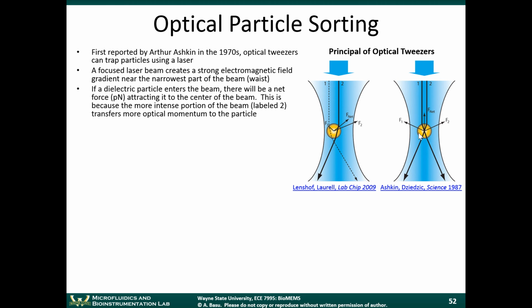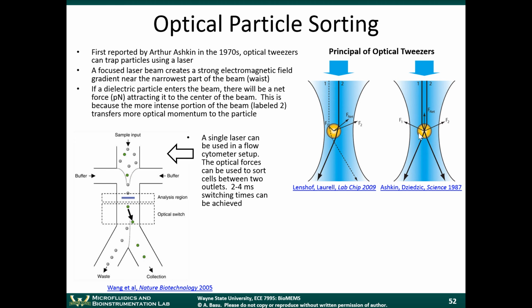Like I said, this is used throughout biology and physics. So you can use a laser for particle sorting. Basically, you can have a channel like this, and you focus a laser beam down here. You could have one optical detection window which detects what type of particle you have, and then down here have the actual optical tweezer or laser which directs the particle into one outlet or the other depending on what you analyzed.